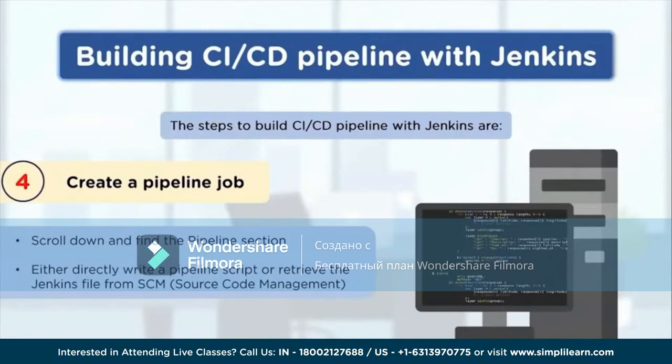If you want to retrieve the Jenkinsfile, a code management tool can also be used there. So there are a variety of things available to work around how the pipeline job can be created. Either you can fetch it from a source code management tool, like Git, or you can directly put the pipeline code over there.